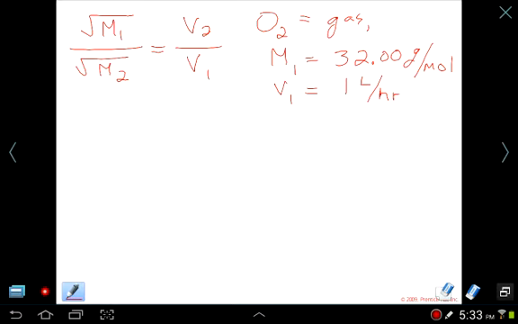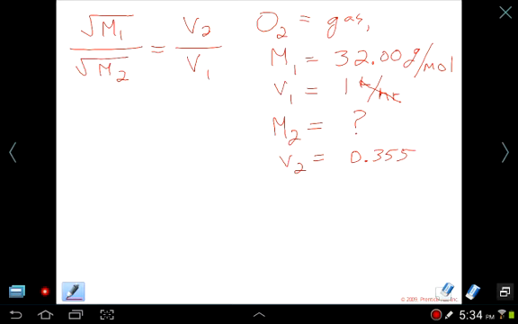The more important thing is that the mass of gas 2 is our unknown, and the velocity of gas 2, it says, is 0.355 times that of oxygen, so 0.355, whatever the units are. We don't really care about the units here. So let's just plug these numbers into the equation and we'll see what we come up with.